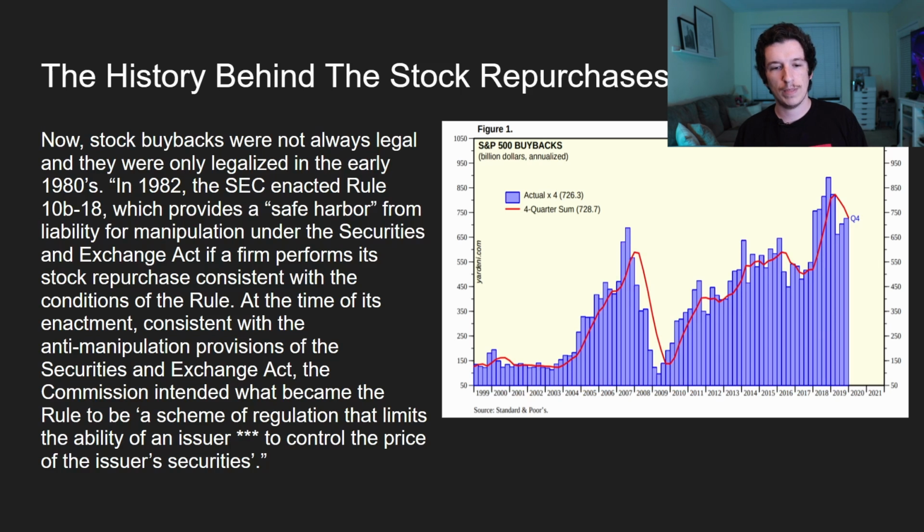At the time of its enactment, consistent with the anti-manipulation provision of the Securities and Exchange Act, the Commission intended the rule to be a scheme of regulations that limits the ability of an issuer to control the price of the issuer's securities. Then in 2003, I believe, they had to disclose it. So that's why you always see that if someone repurchases, they have to disclose it ahead of time.